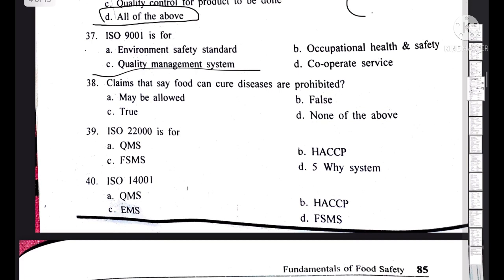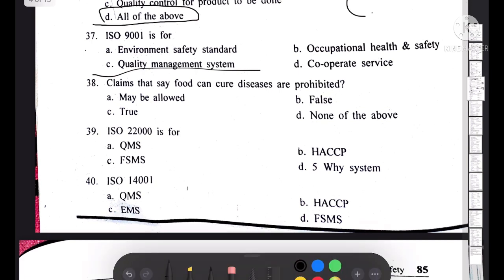Next, claims that say food can cure diseases are prohibited. The options are maybe allowed, false, true, and none of the above. It is true that claims that say food can cure diseases are prohibited. Health claims for treating, preventing, or curing disease such as Alzheimer's and cancer are not allowed on food products. These are considered to be drug claims.